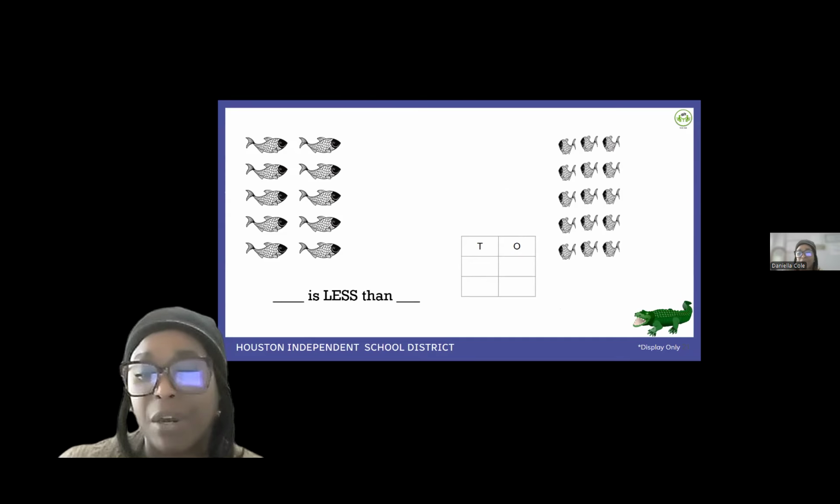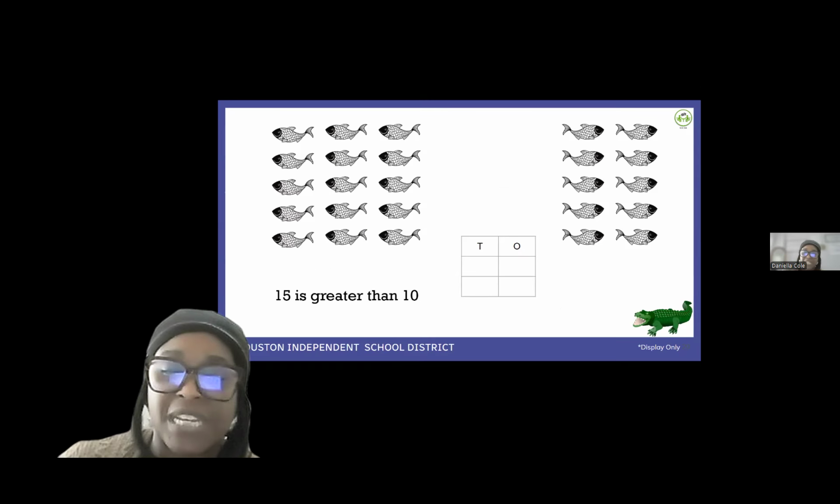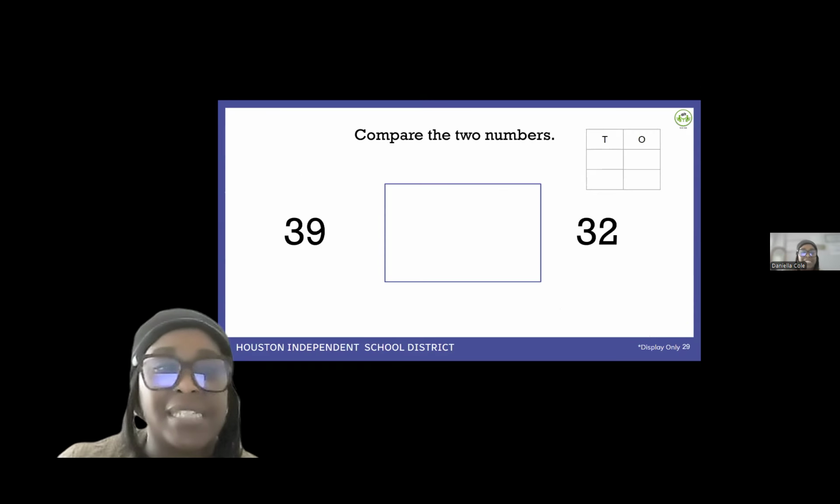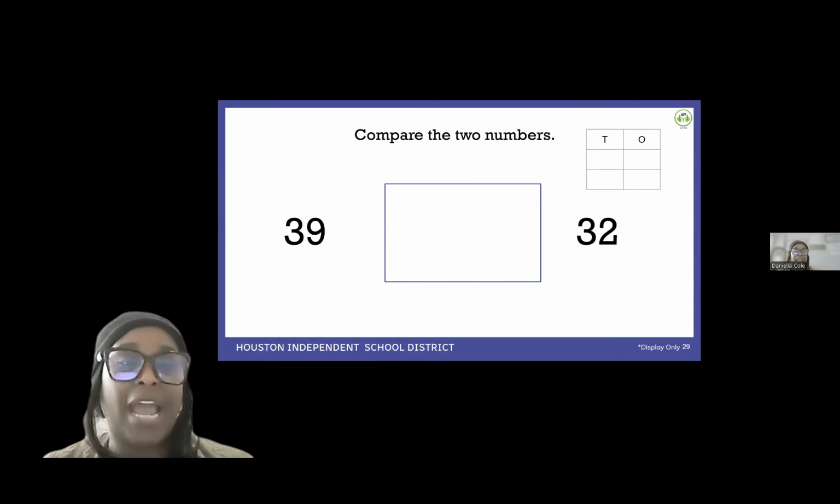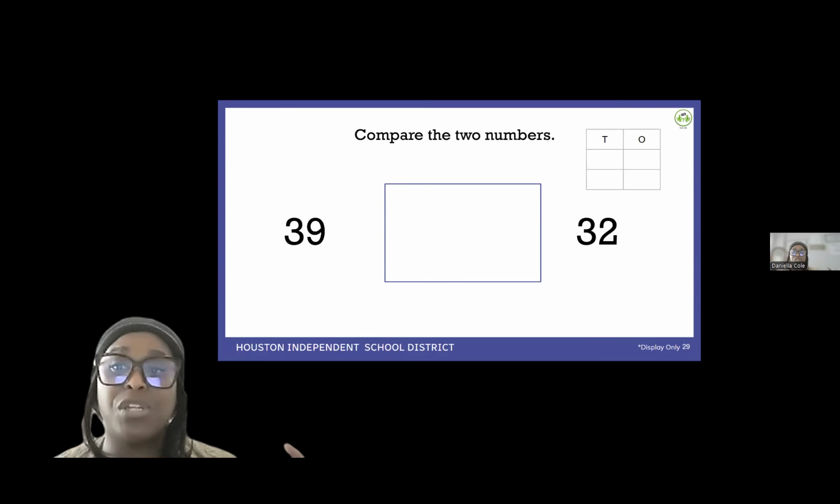I did the inverse. And so this one, of course, is 15 is greater than 10. Then I have 10 is less than 15. And then I have a couple of whiteboard activities. Now, by the time I get to this slide of my We Do, I'm only on slide number 3, but I'm releasing my students to work together with just the two of them. I gave them their place value chart.